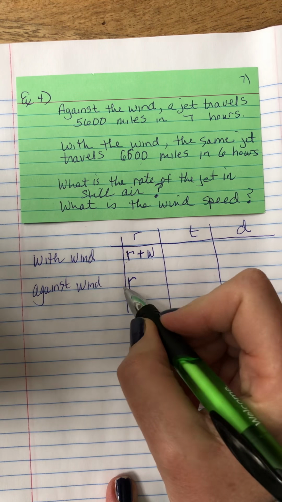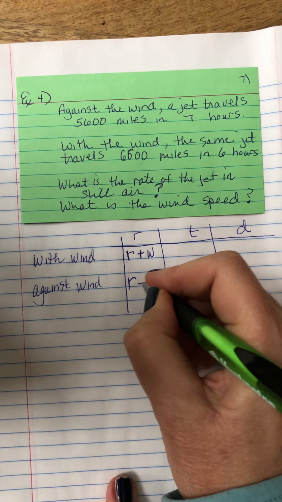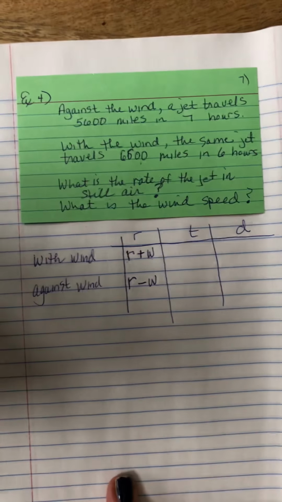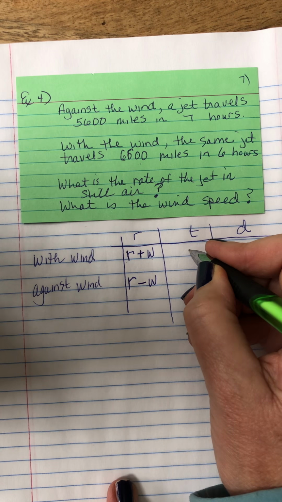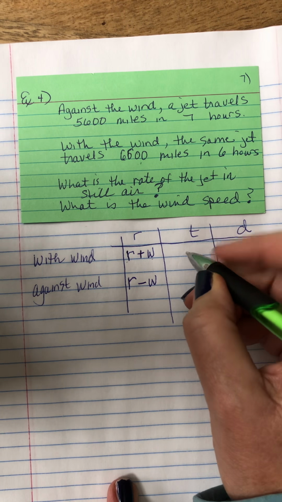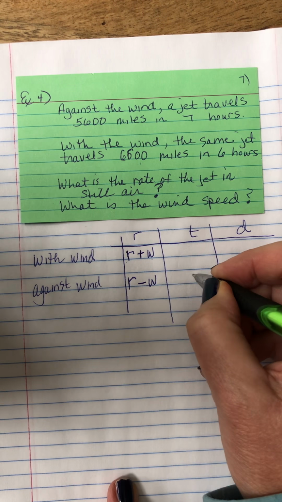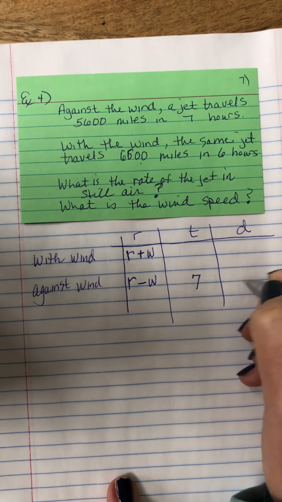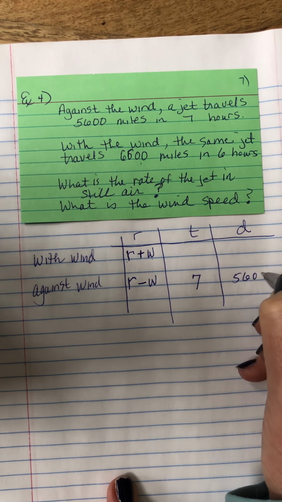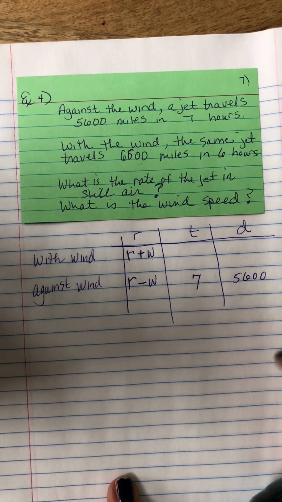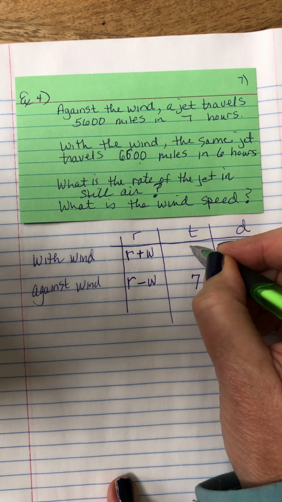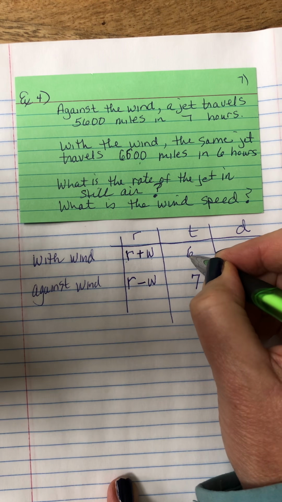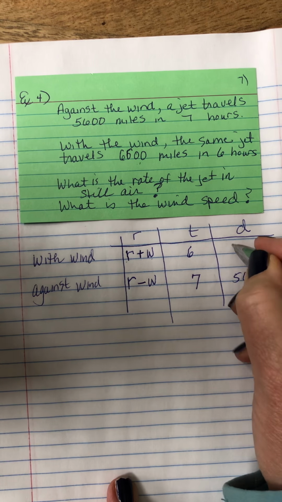And when it goes against the wind, it slows us down, so we subtract the wind speed. And so let's look at time. So going against the wind, it takes 7 hours to go 5,600 miles. And to go with the wind, it takes 6 hours to go 6,600 miles.